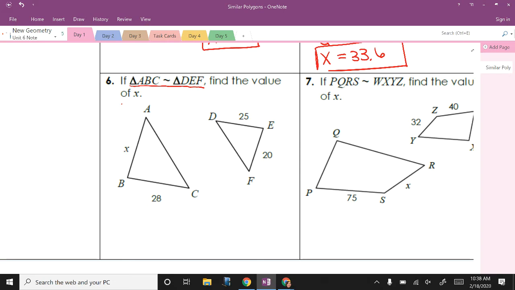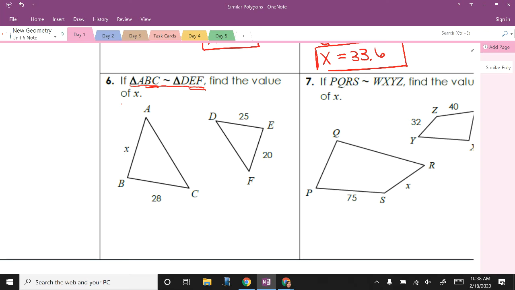Do we have a pair of corresponding sides where we know both of the measures? BC goes with EF. Do I know both BC and EF? Yes. So I'm going to do big over little because this is the bigger triangle, right?